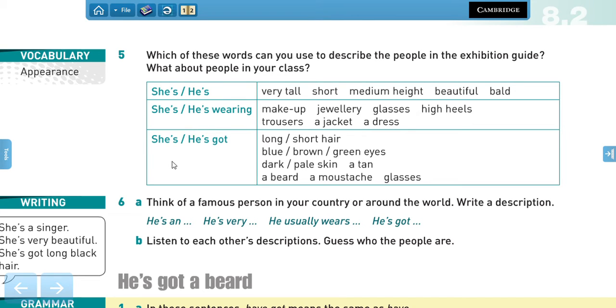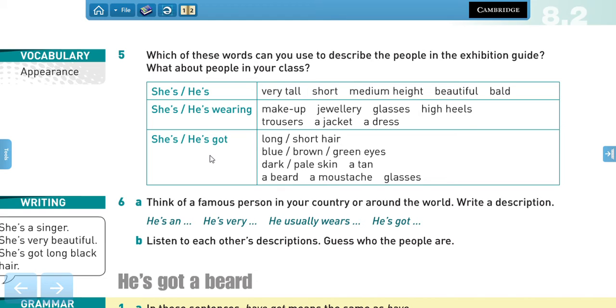And the last one, that is one of the most important in this unit, and we are going to be studying this in our online session on Monday, is the expression has got or have got. We use have got mainly in this opportunity to talk about appearance, facial features: hair, eyes, skin.